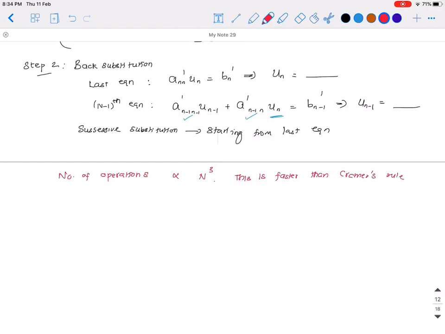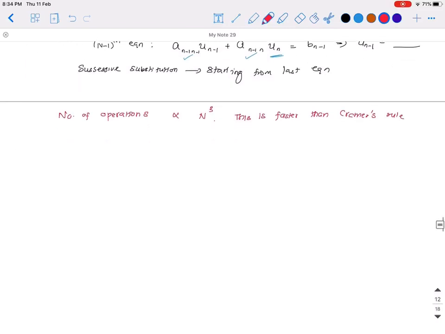Okay, so looking at these two methods, the name direct method is very clear. So why do we call them direct methods?